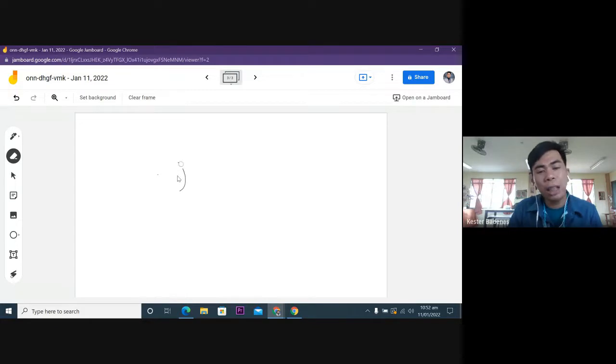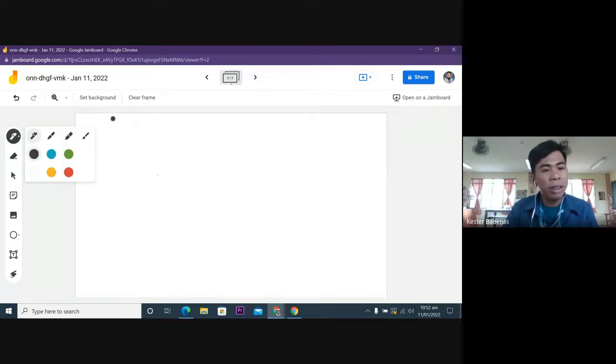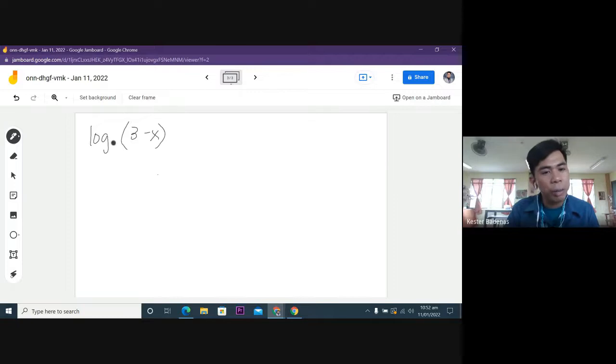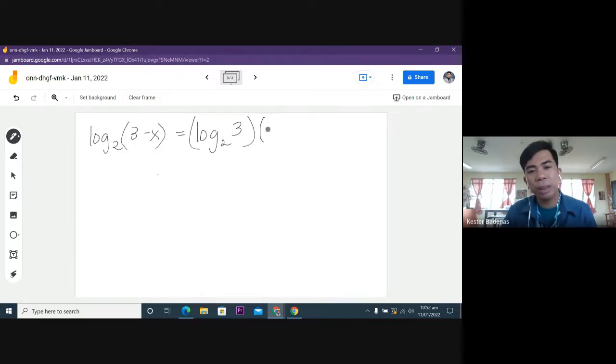Anyway, so yun. By the way, thank you, Frances. Kasi baka ma-confuse kayo, baka ilagay nyo product yung tawag dito. Kunwari, ang binigay, logarithm of 3 minus x with the base 2. Ang ginawa nyo, naging logarithm of 3 with the base 2 times logarithm of negative x, kunwari. Ay, hindi, minus kasi, so divide pala. Sige, kunwari lang to ha.